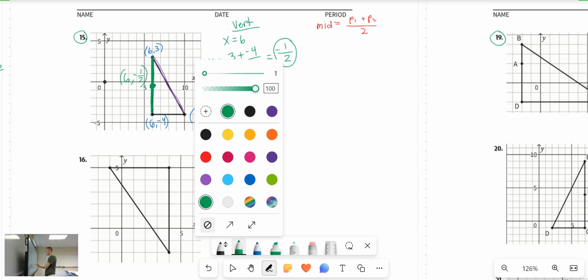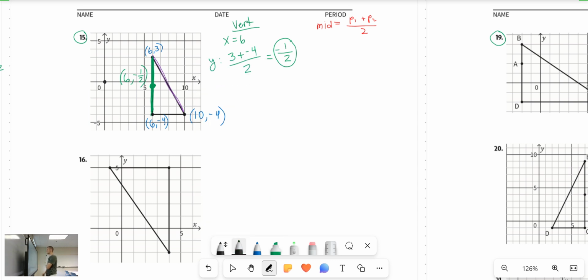Let's do the black line next because it's horizontal, so we can use the same sort of logic to say that if the y value is negative 4 on one end and negative 4 on the other end, then halfway between the two, the y value must be negative 4 once again. So this is on the horizontal.